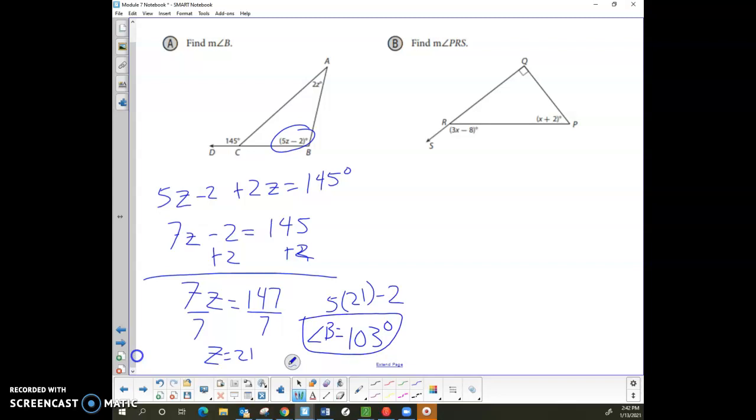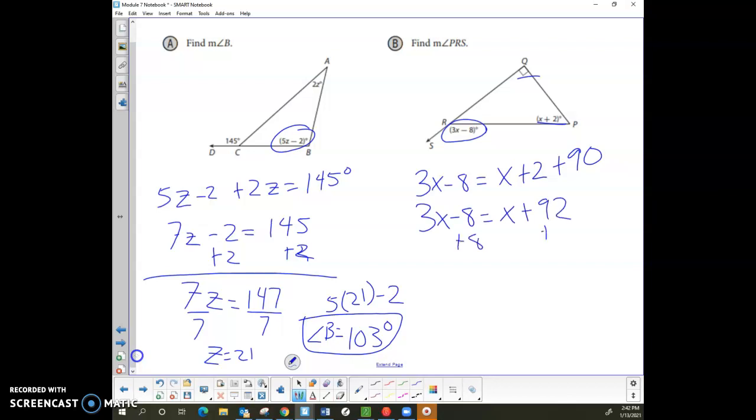All right, one more. So this time I don't have the angle measure of my exterior angle, but I know that it's equal to the sum of the remote interiors. Okay, Q is a 90-degree angle. All right, again, we're going to solve some algebra here.